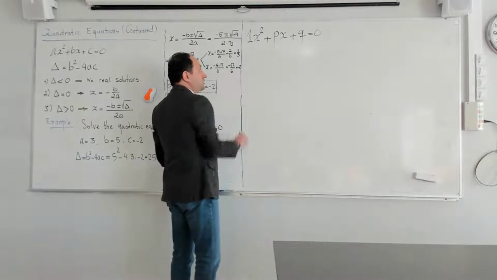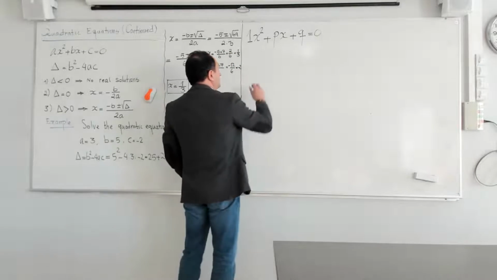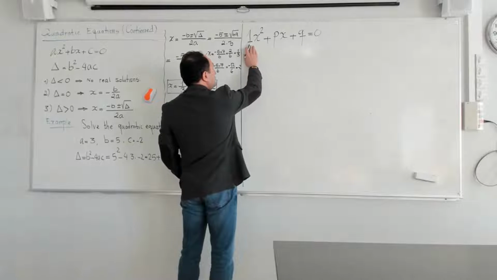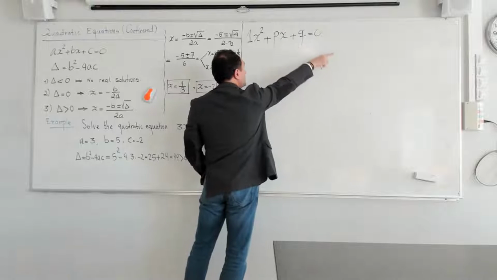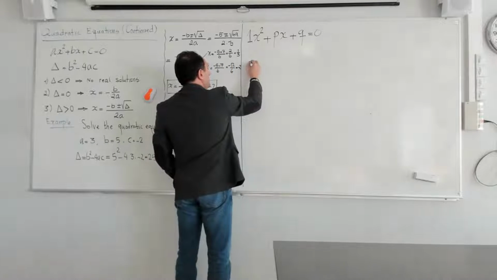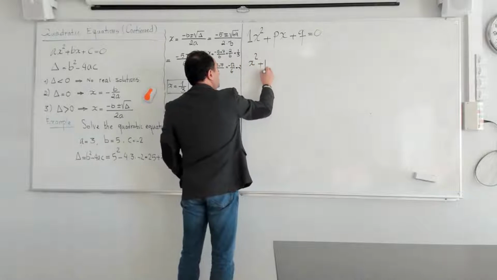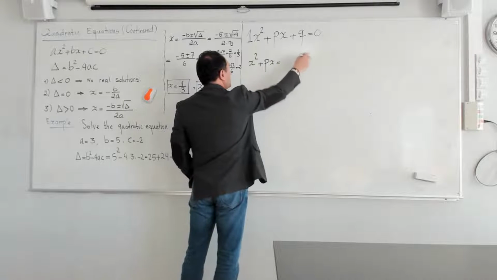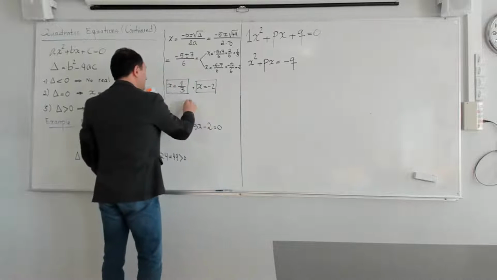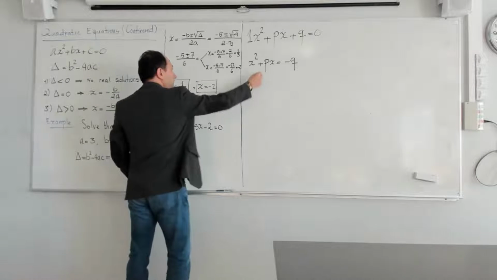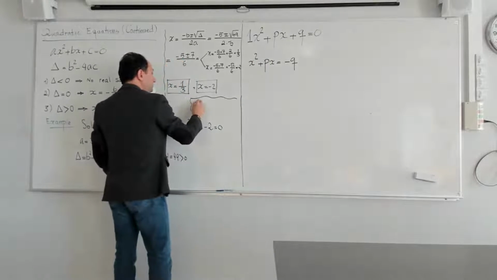To calculate the roots of this equation. So the first thing, this should be 1. This is already 1. Do you remember I moved the constant term to the right? So this becomes x squared plus px, and then I move it to the right, it becomes minus q. Then you remember that you go to scratch paper, you divide this number by 2.